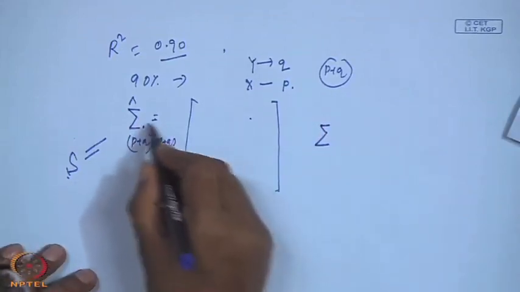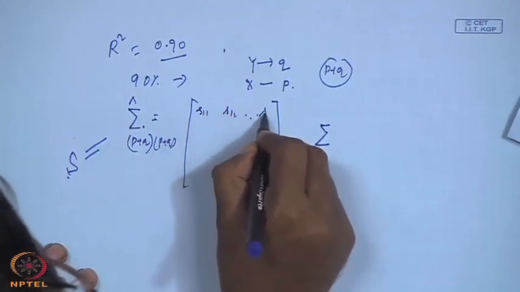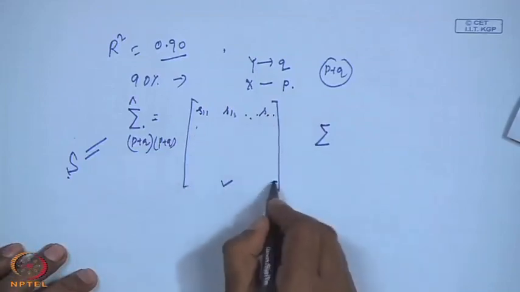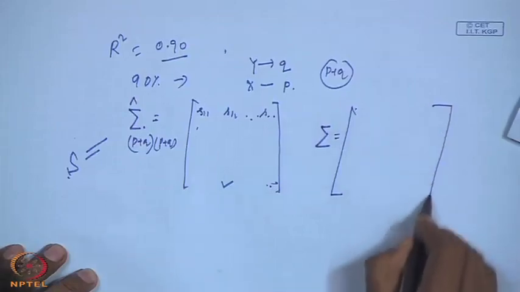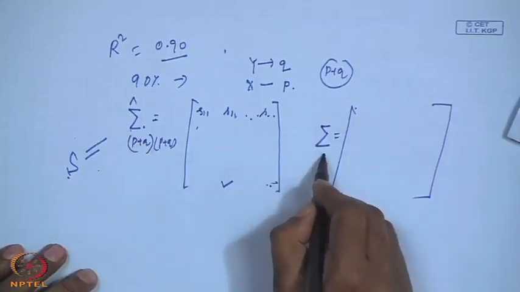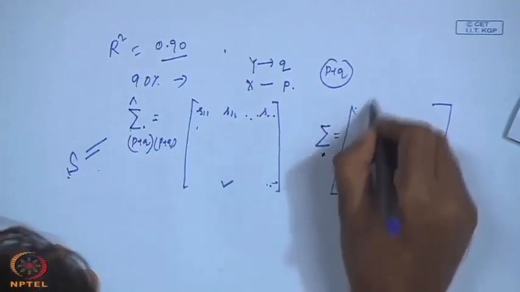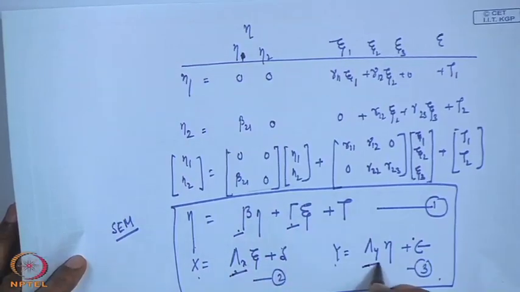Here, if I use S, then it is S11, S12 and so on, up to S of p plus q. Similar values you will get, and here, instead of writing S, we write the population sigma, which will be in terms of your beta, gamma, lambda x, lambda y.